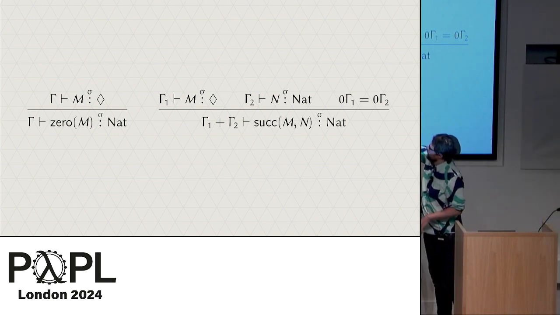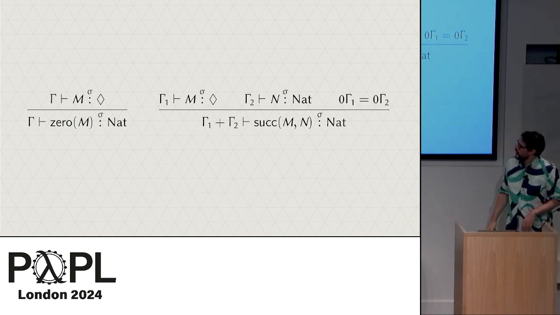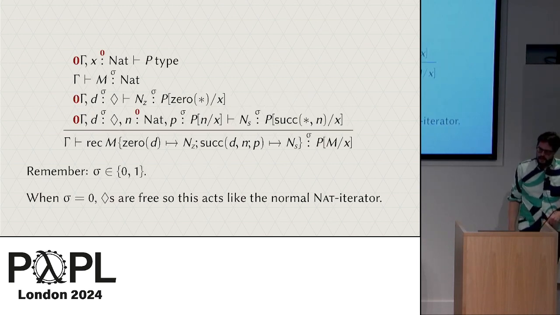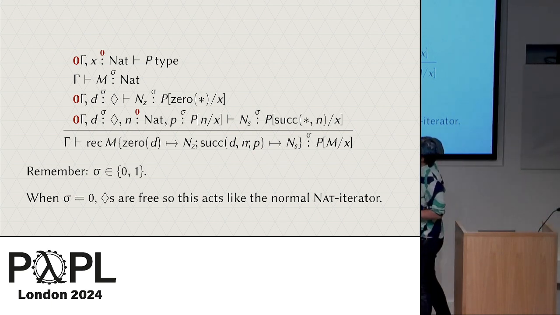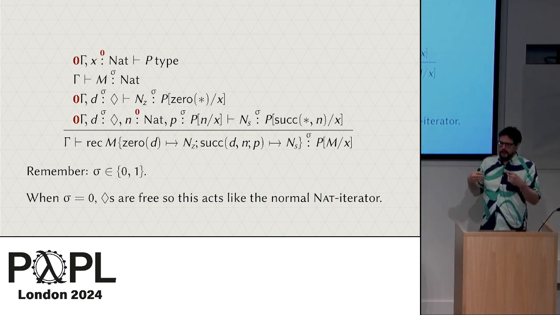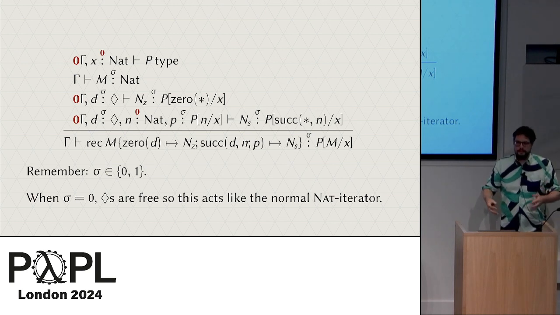So the diamond acts like a kind of unit type. Then, yeah, we have to pay with diamonds for constructing natural numbers. And then the important part is this scary rule, which is the eliminator now for these things, which is now dependent. And we annotate the bits, so these red zeros are where we have information which is only available at the type level, but not at the term level.